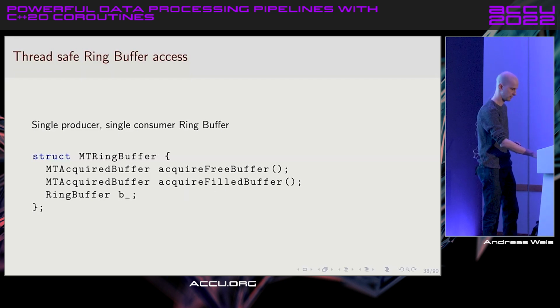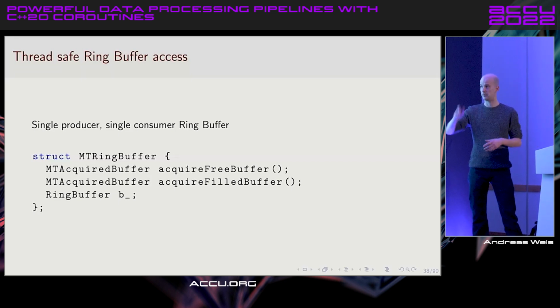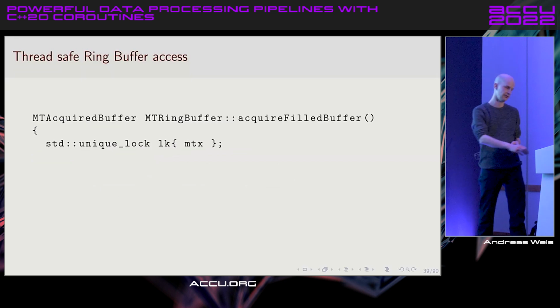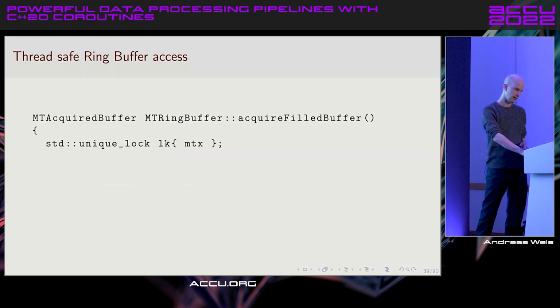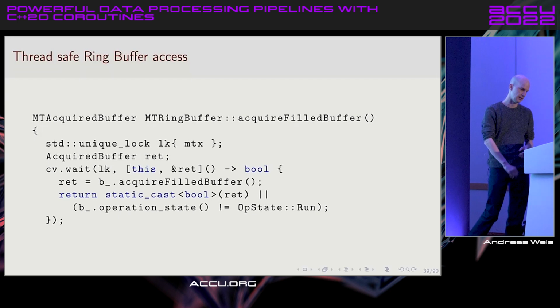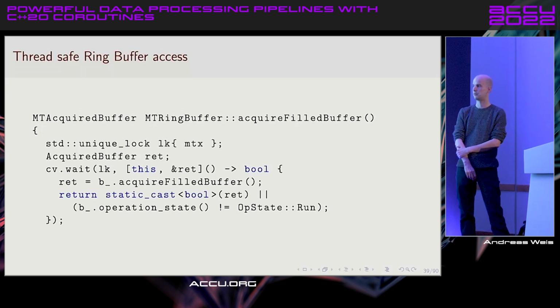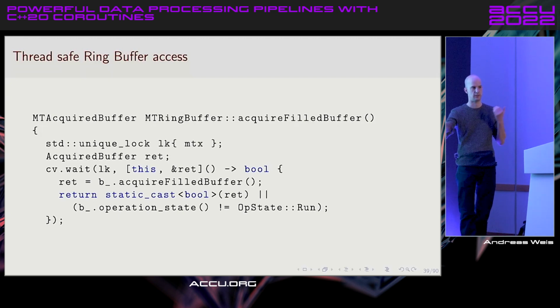I'm going to do the most straightforward thing here, just wrap the ring buffer into a thread-safe ring buffer, so empty ring buffer here for multi-threaded ring buffer. Really straightforward wrapping, just use a mutex to protect access to the data. And then I use a condition variable to wait for a buffer to become available if the buffer is already empty.